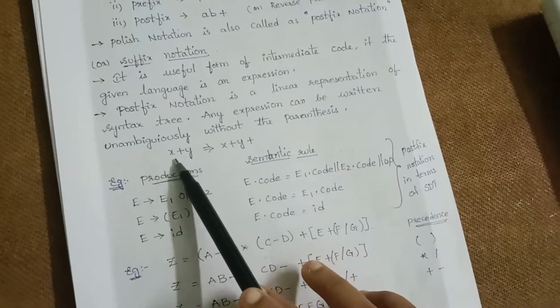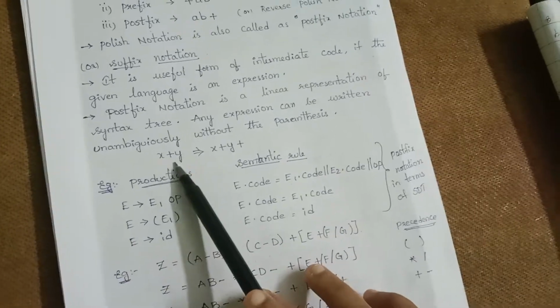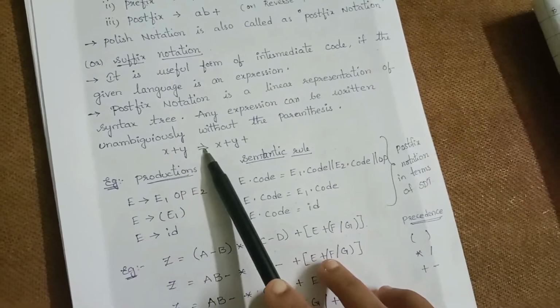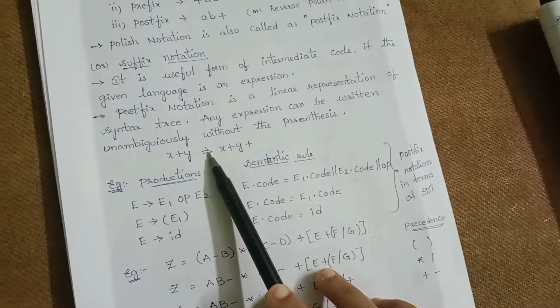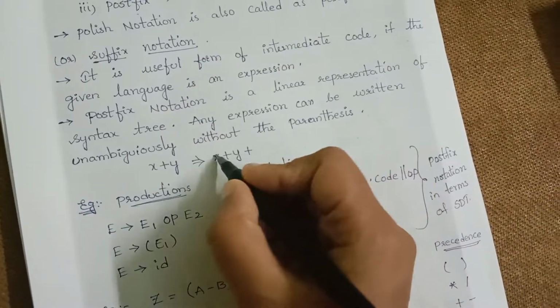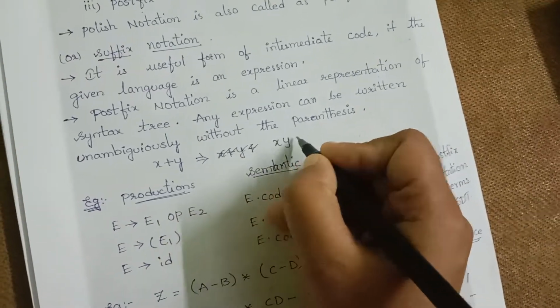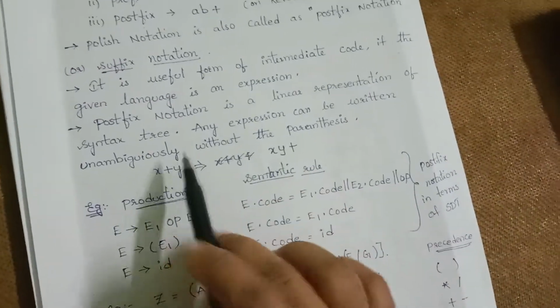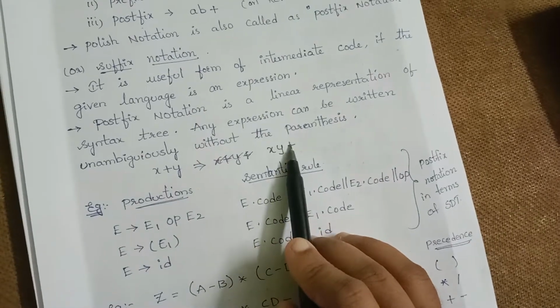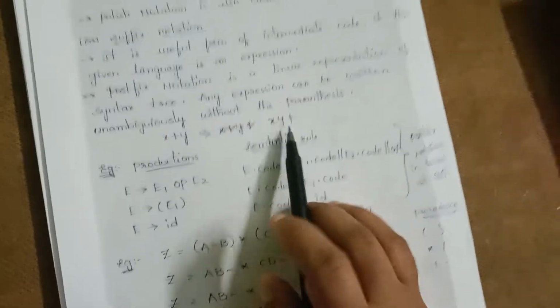So here for example we consider x plus y. This we need to convert into postfix notation. So x y plus, the plus will be shifted to the end. So this is called the postfix notation.